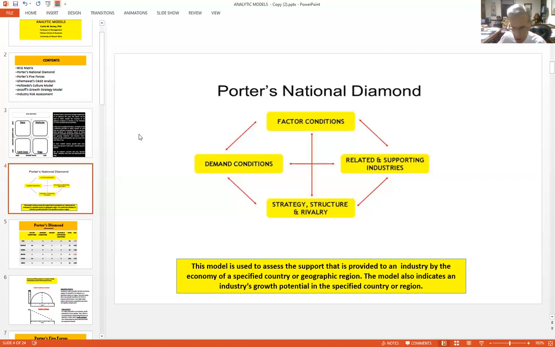In Porter's opinion, in order to start an industry successfully, a company has to have favorable factor conditions and demand conditions, so that that industry can get started on the right basis, to grow strong roots, to develop capabilities, including methods and procedures.